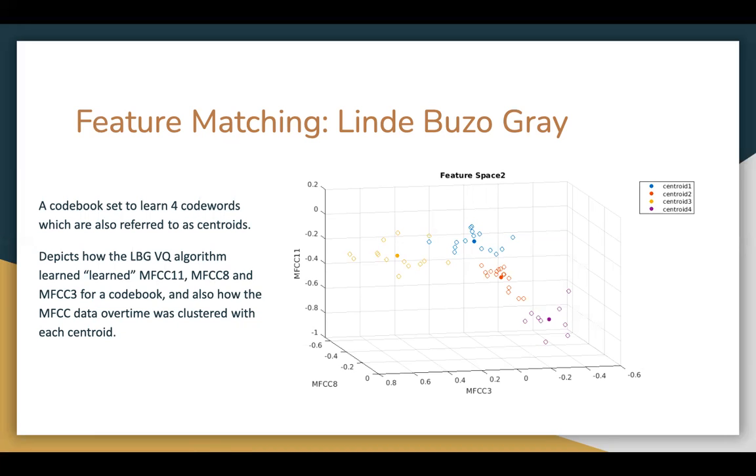Of course, we can only visualize up to 3D, so we chose 3 MFCCs to plot here, but there are higher dimensions in this code book, which are additional MFCCs. One thing I want to point out is that this is showing the MFCC data over time, which is clustered with each centroid and it's color coordinated. Next slide.